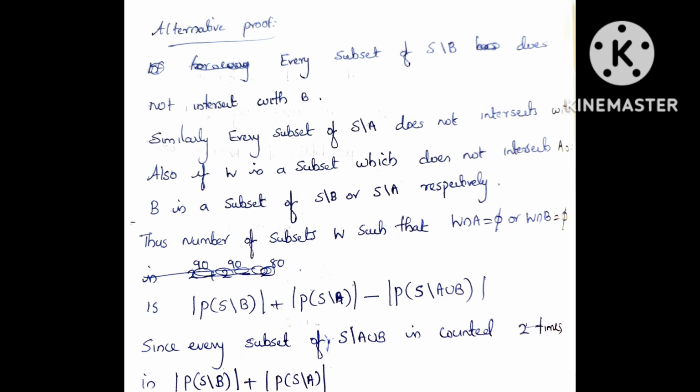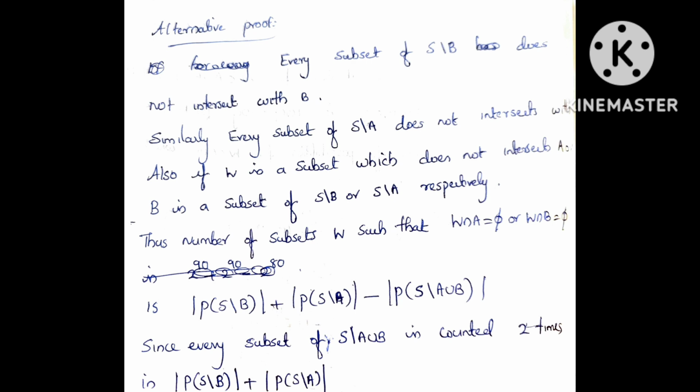Any subset of S which has an empty intersection with A or B will be a subset of S minus A or S minus B. Also every subset of S minus B does not intersect with B, and every subset of S minus A does not intersect with A.